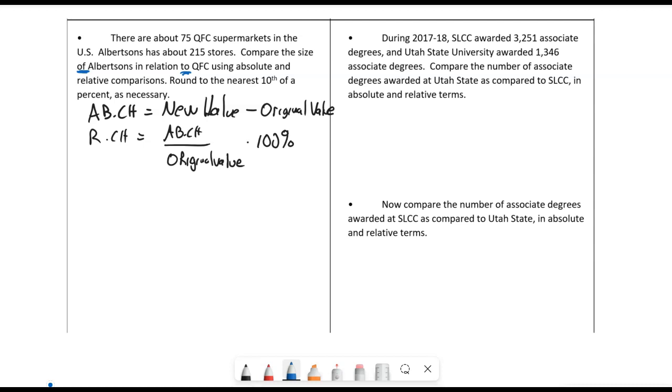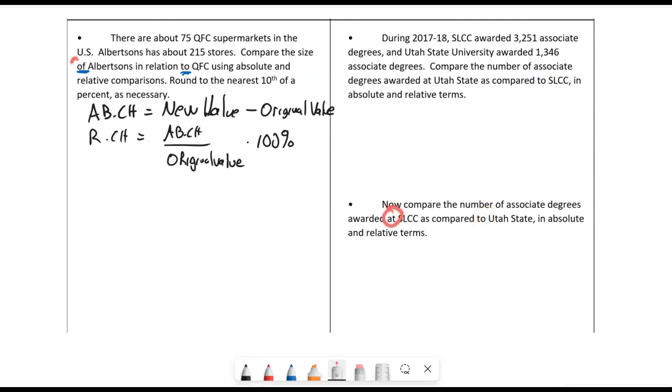That's typically your comparison. If we look on the right, we have compare associate's degrees at Utah State to SLCC. So here we have "to." That's probably the best word to look for because you'll see it every time in these comparisons.